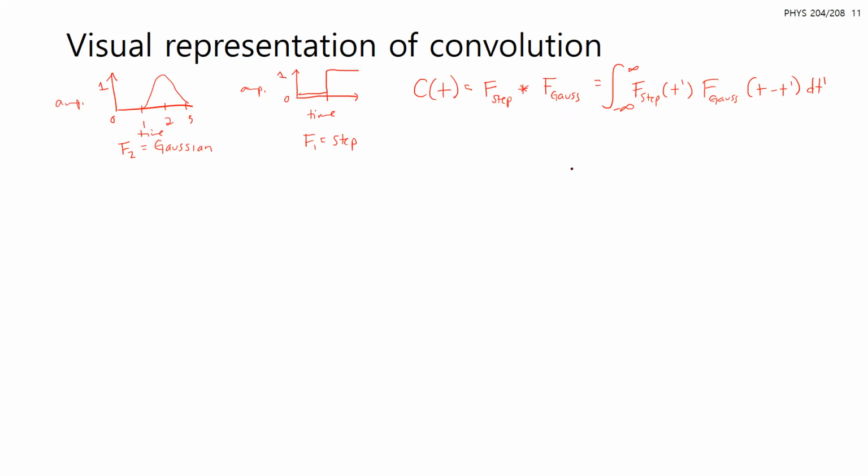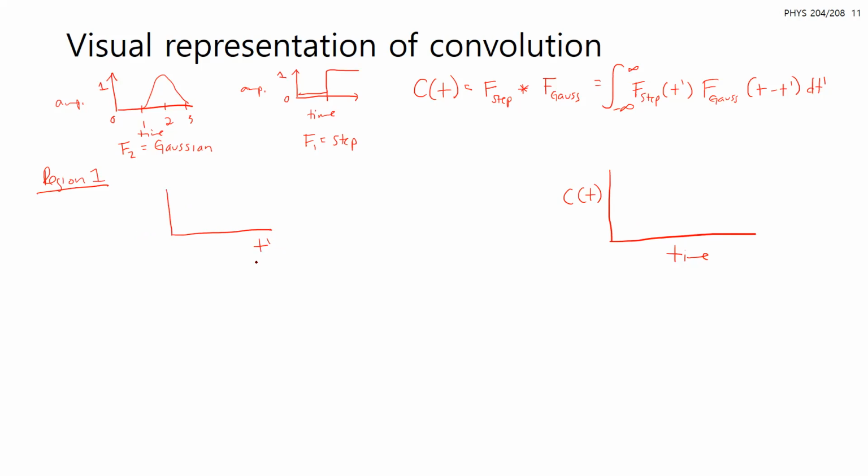So our resulting plot here is going to have the x-axis in time, and the y-axis is going to be our convolution value, and it's going to have 3 different regions. The first region is where there's no overlap between the Gaussian and the step function.